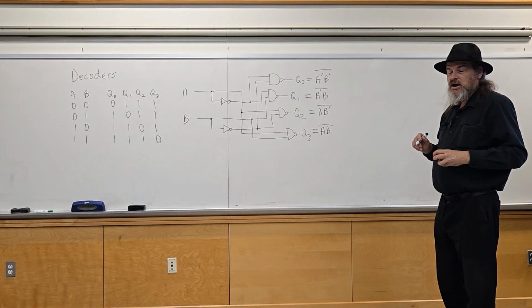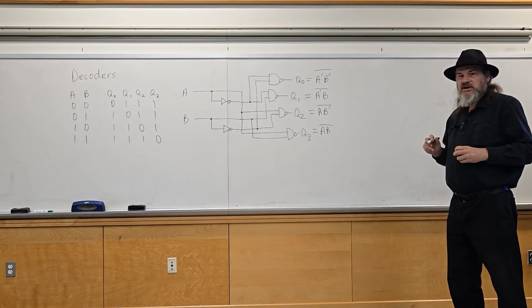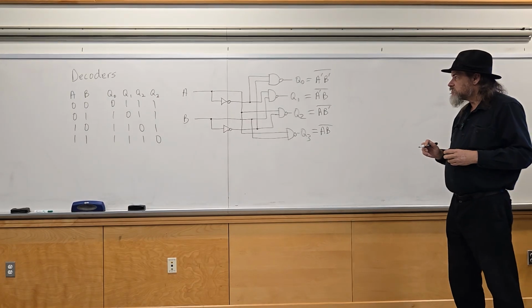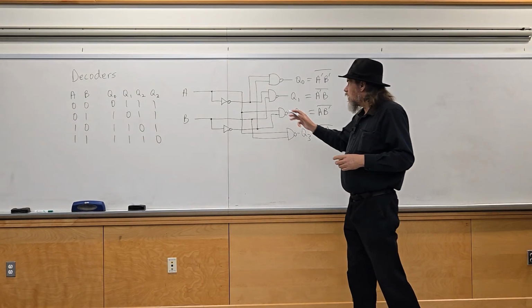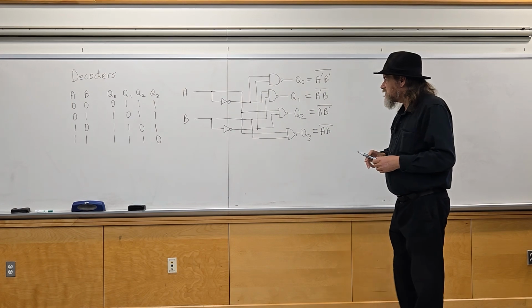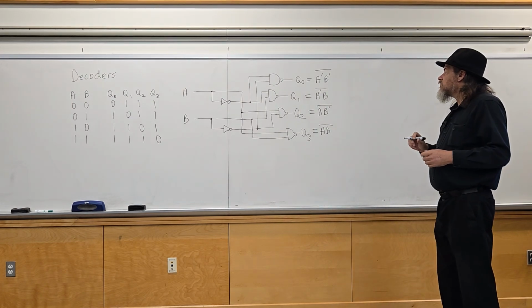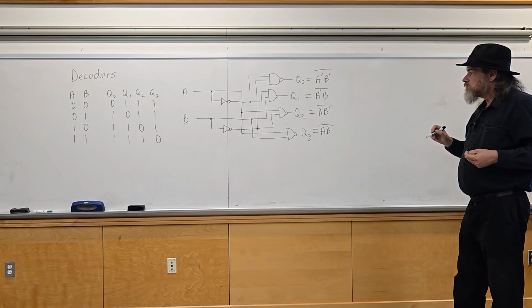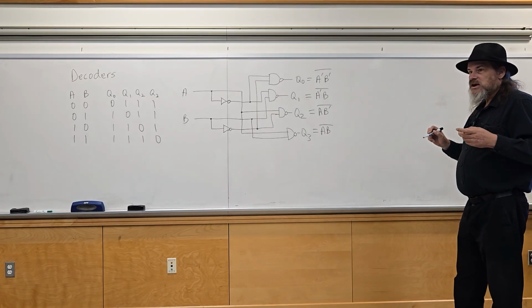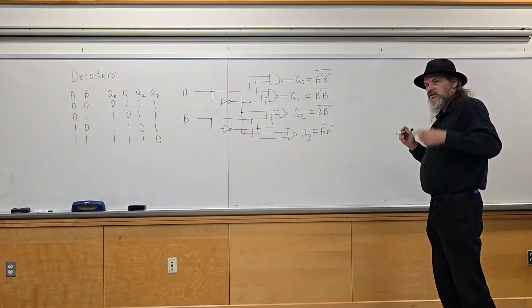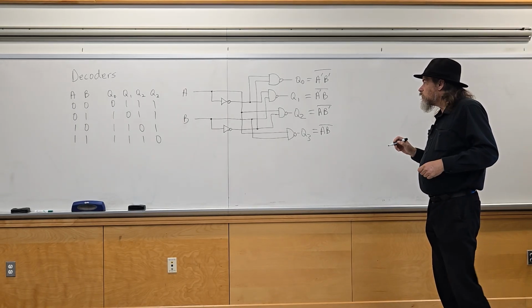It is less silicon on the chip, because the number of transistors required for a NAND gate is less than for an AND gate. But also, enable inputs for some devices are inverted, active low.